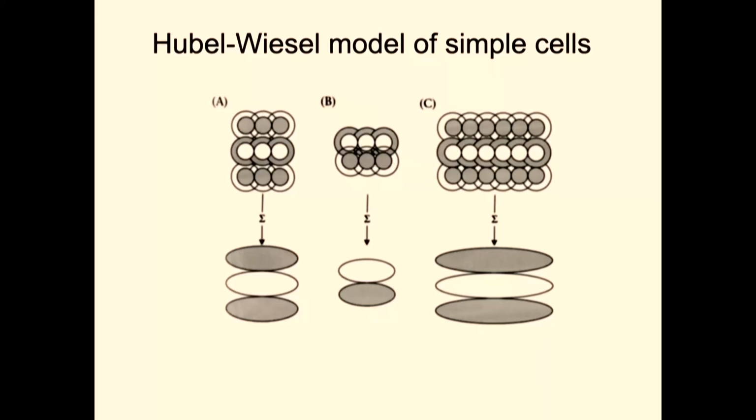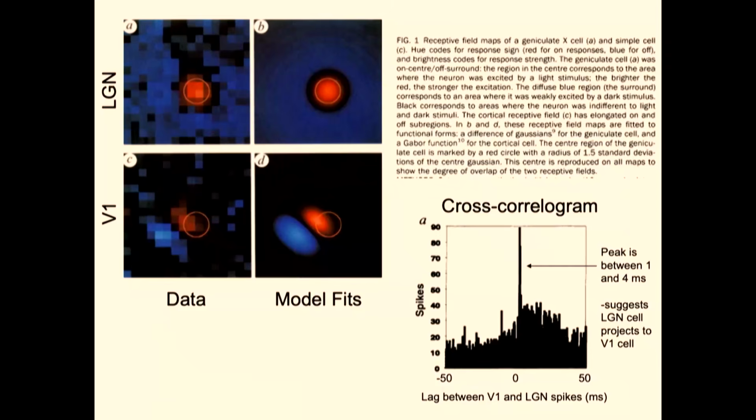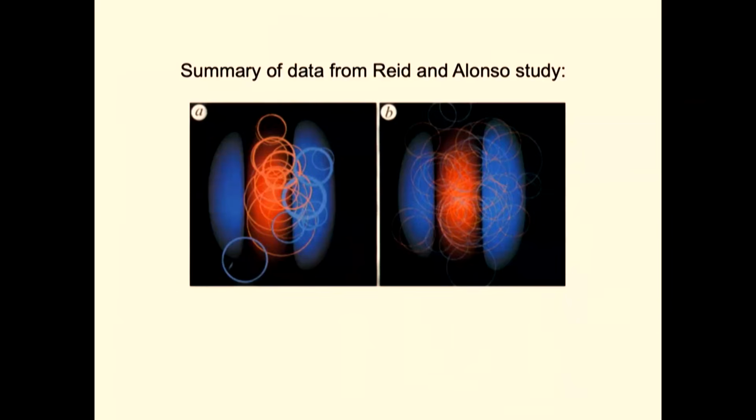We then talked about this simple model that's been proposed for how you might create an orientation selective neuron from the responses of center surround receptive fields at an earlier stage of the visual system by having appropriate convergence, and then talked about an experiment that provides evidence for this, where the experiment found pairs of neurons in the LGN and V1 that were likely to be connected based on the cross-correlogram, and then looked at the correspondence between the receptive fields and found that the correspondence was pretty good, providing evidence for that simple model.